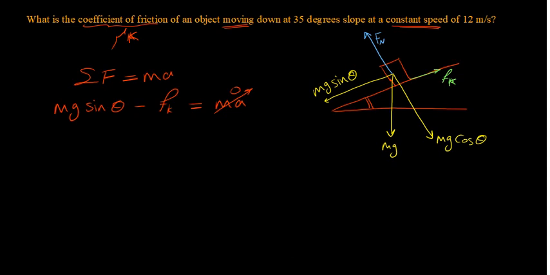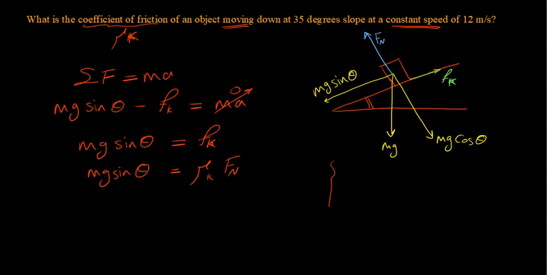From here we can say that mg sine theta will equal the kinetic friction force, and we know this one equals the friction coefficient multiplied by the normal force. Now we did that many times before, but it's not going to hurt to find how much the normal force is.